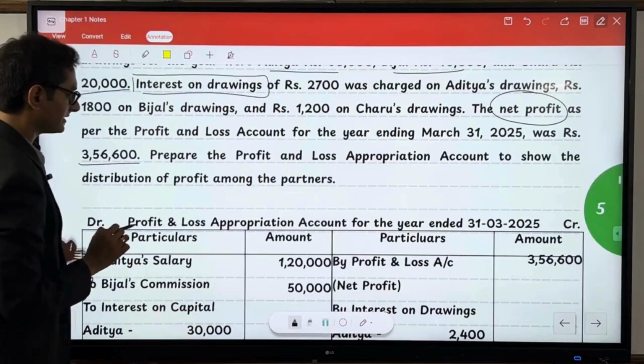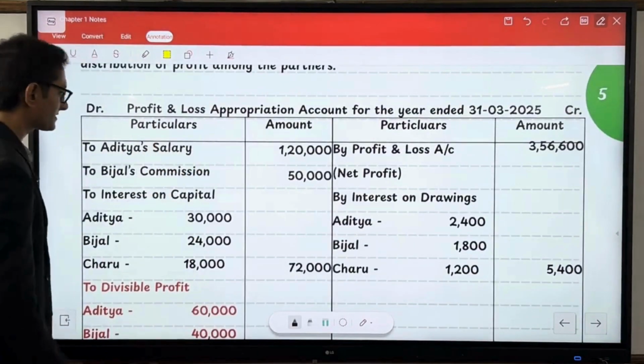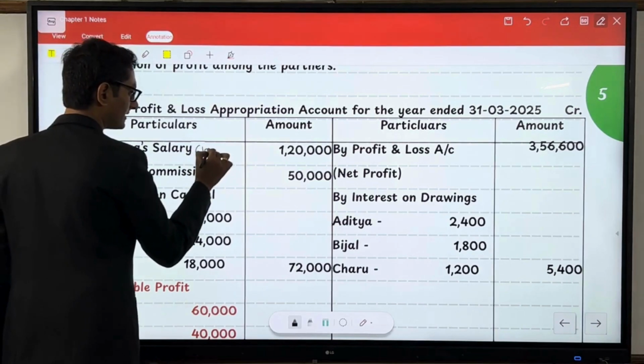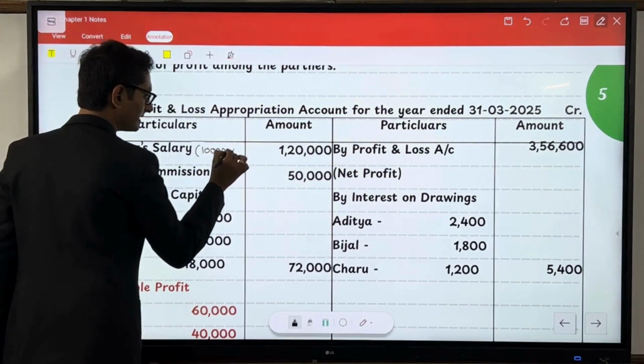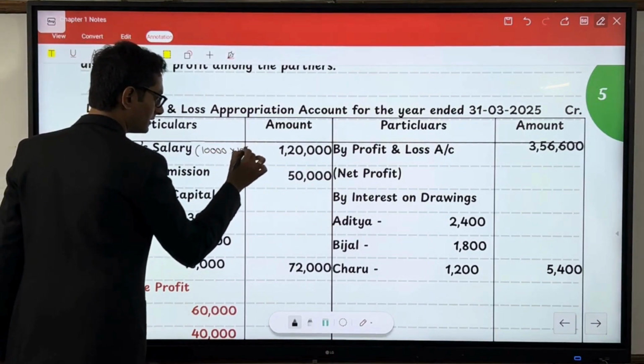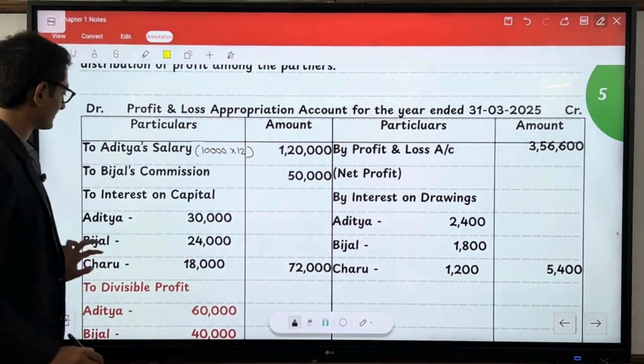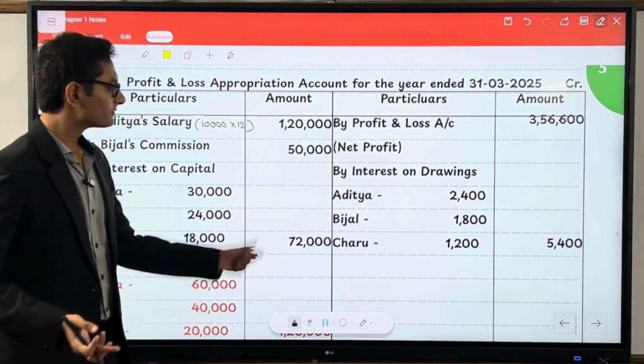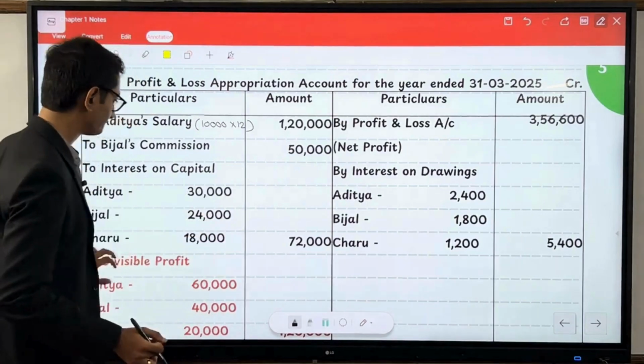So we will write on the debit side of the profit and loss appropriation account Aditya's salary. Here you can write in brackets for your understanding 10,000 into 12, so 1,20,000. Bijal's commission is not given specifically per annum or per month, so it will be the total 50,000.